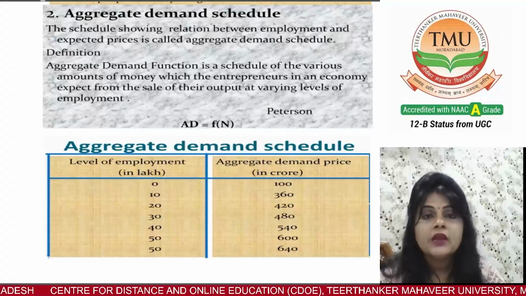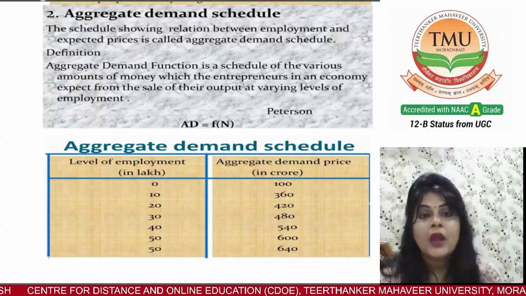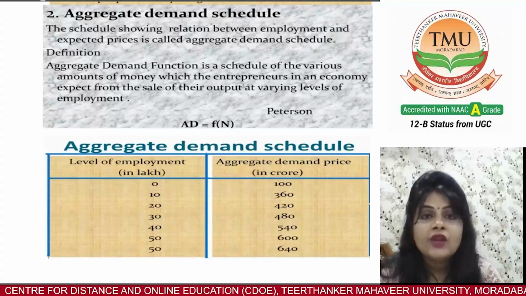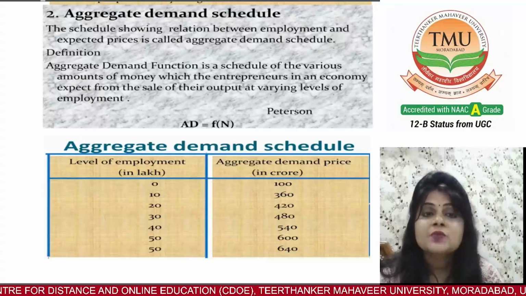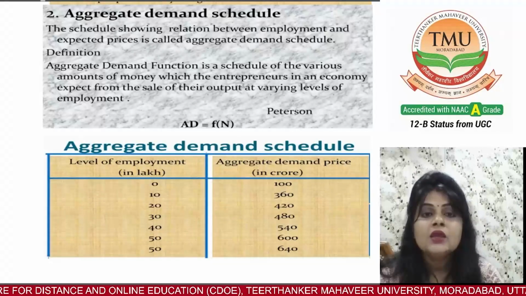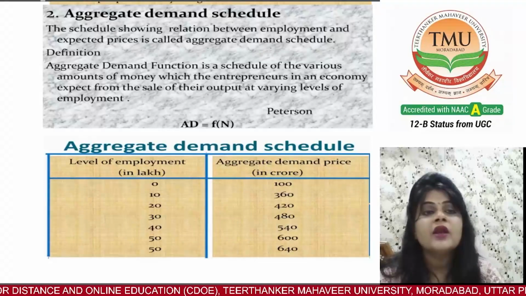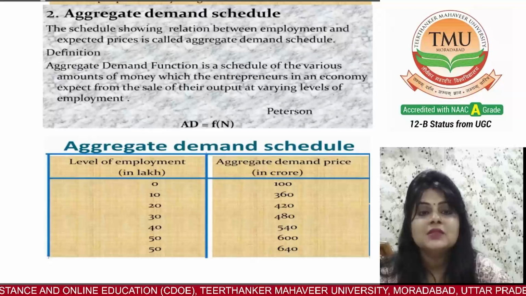Here aggregate demand is a function of N, which means employment. So it is an increasing function of the level of employment. AD is a function where D is the proceeds the entrepreneurs expect and N means men employed.